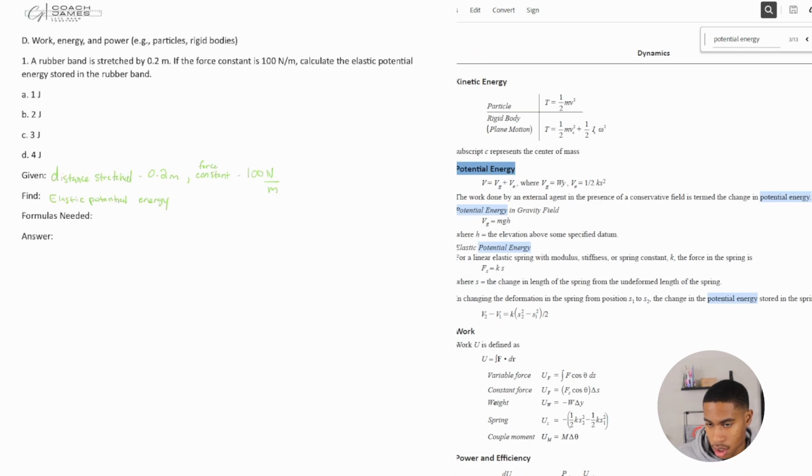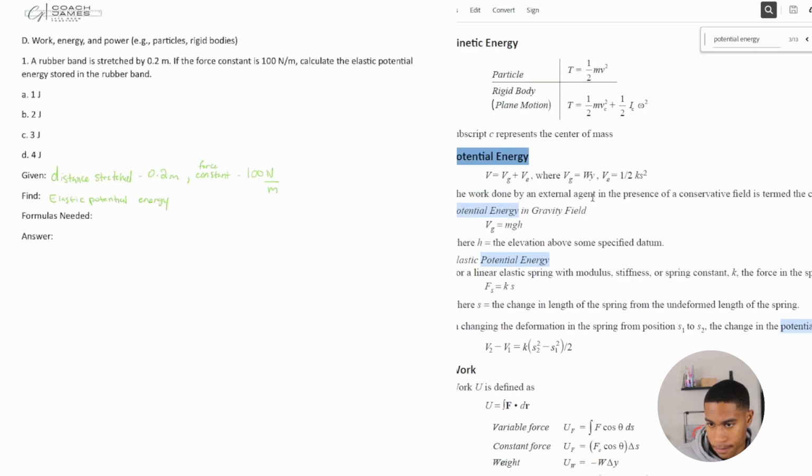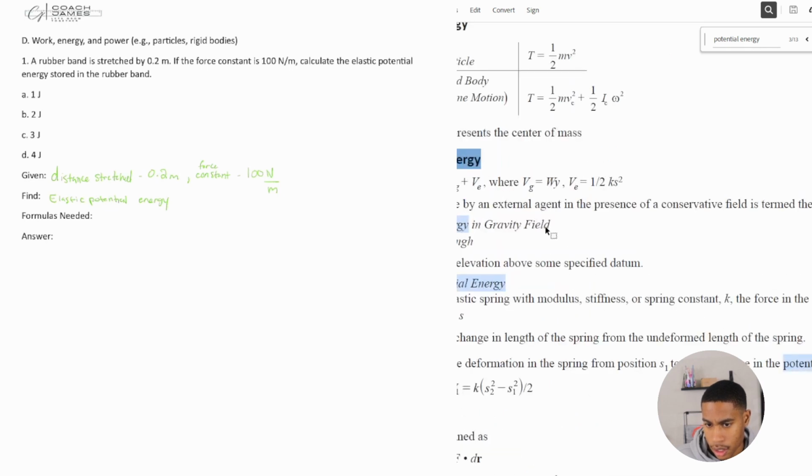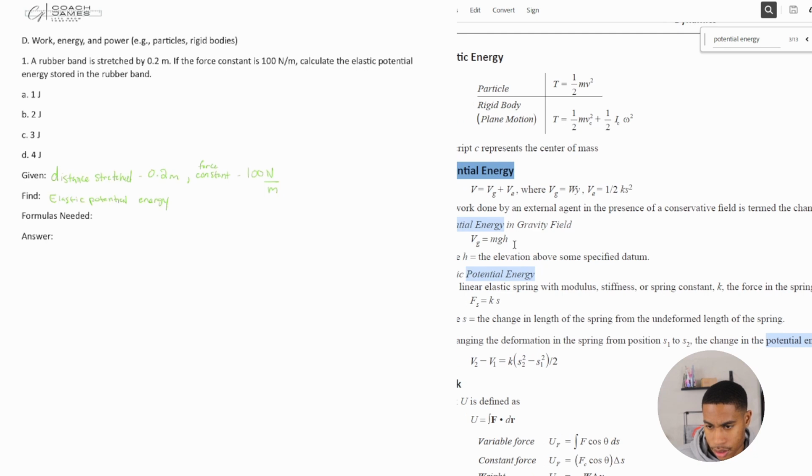We got potential energy is equal to the elastic. V is the symbol for potential energy. You got Vg, which is the potential energy in the gravitational field. And then you have Ve, which is here, denoted by the elastic potential energy.